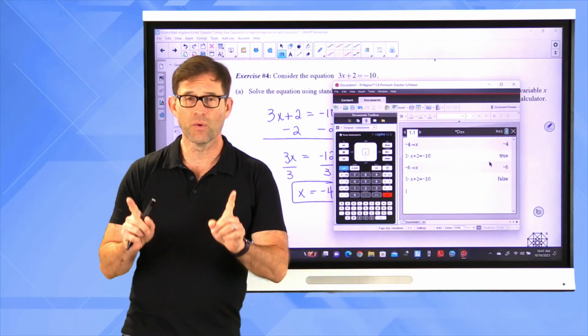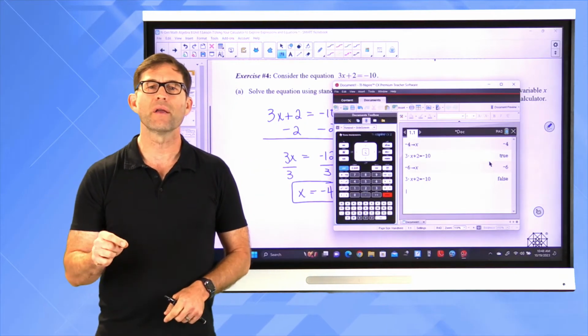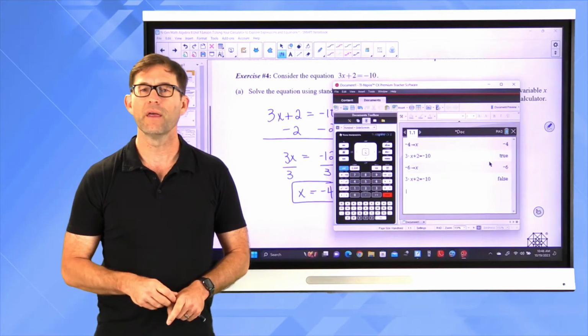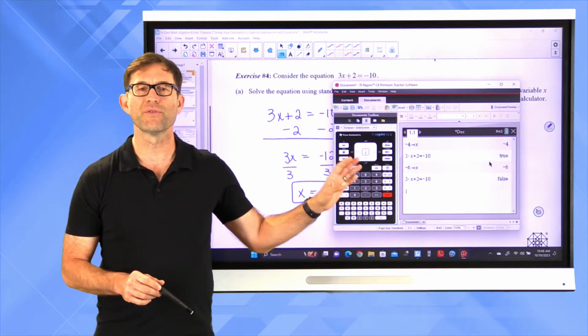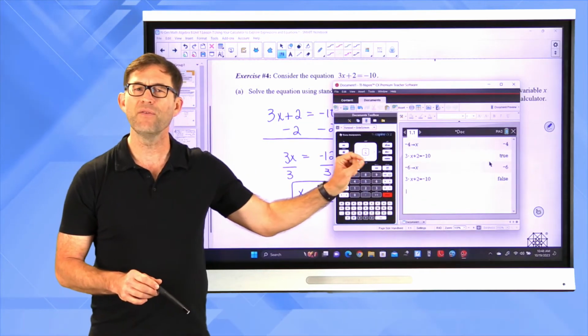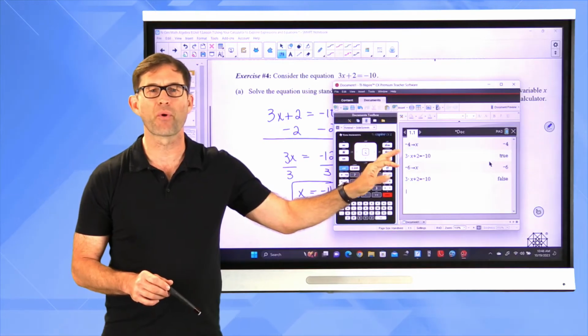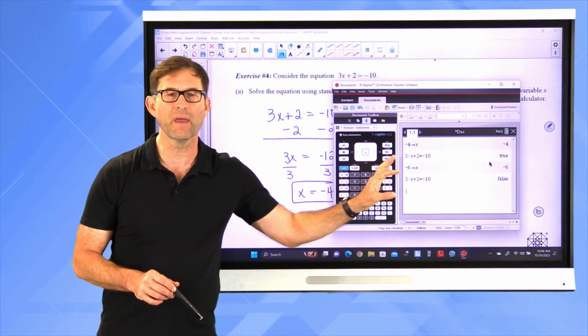Now there is one little caveat to this. If the answers are irrational, sometimes the calculator will tell you that you do not have a solution to the equation, but it'll give you a little warning. It'll say, hey, this was done with approximate methods, so we may not be right here.